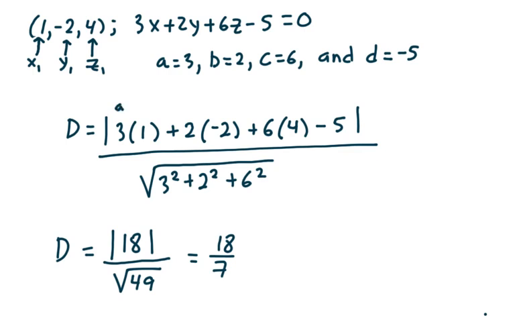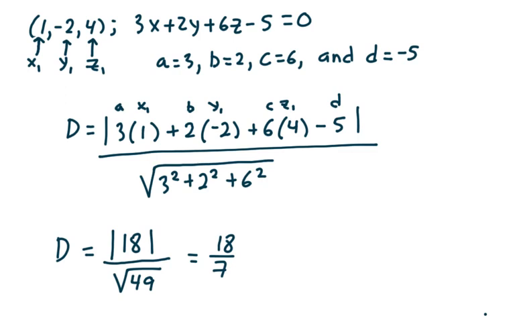A is 3, x1 is 1, b is 2, y1 is -2, c is 6, z1 is 4, and then d is -5. And then I'm dividing by the square root of a squared plus b squared plus c squared, but I just directly substituted the values for a, b, and c.